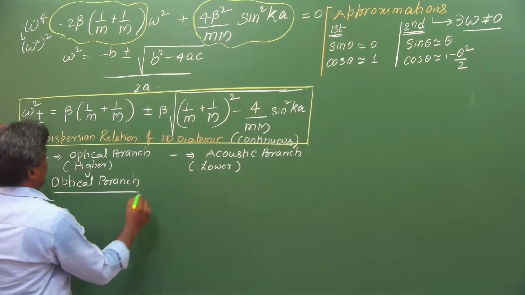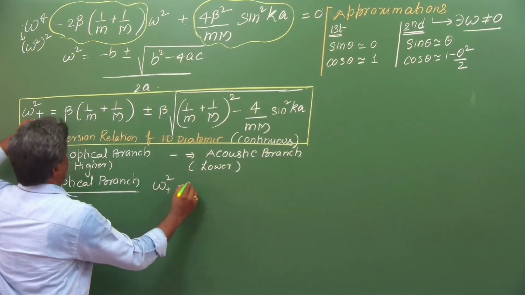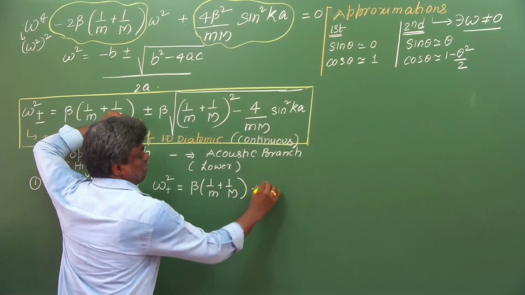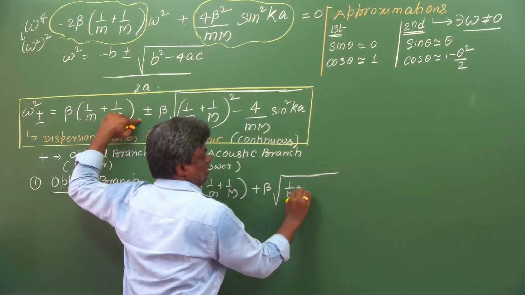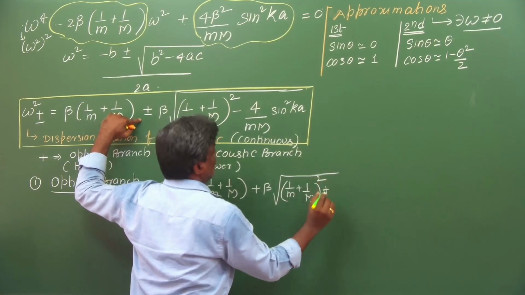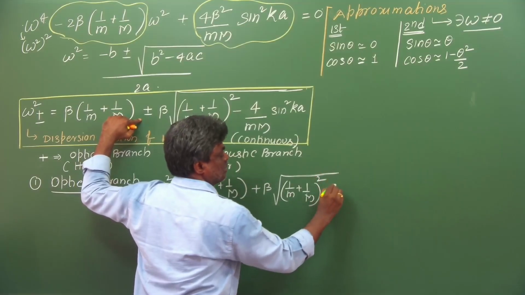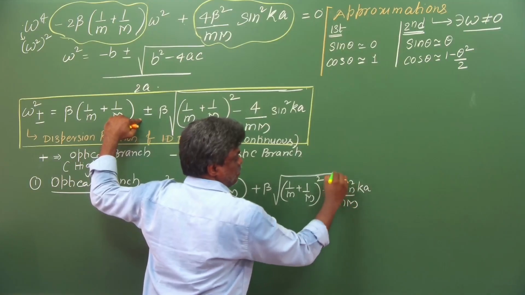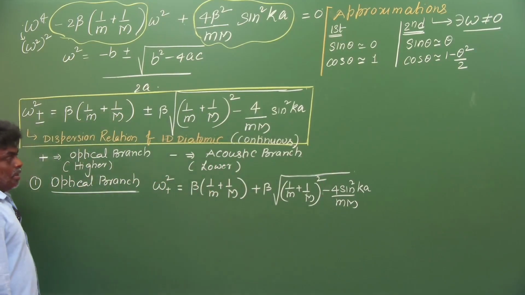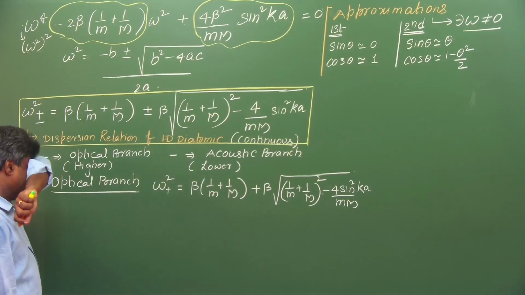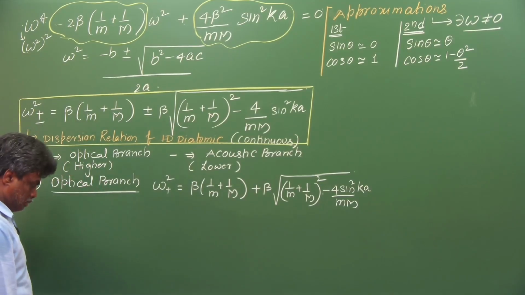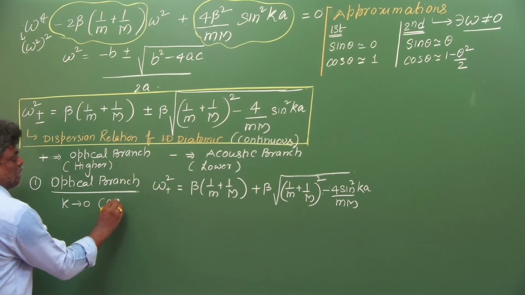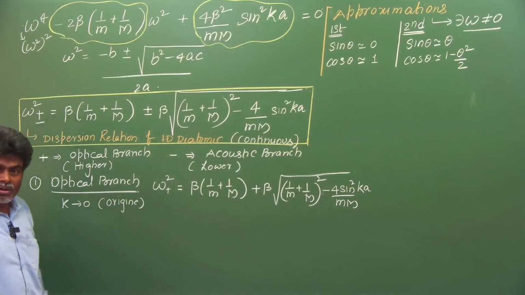Now listen please. For optical branch, omega plus square equal to... Now, as k tends to 0, you are coming towards the origin of the reciprocal lattice.